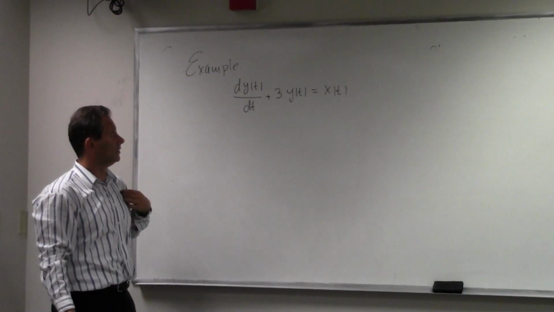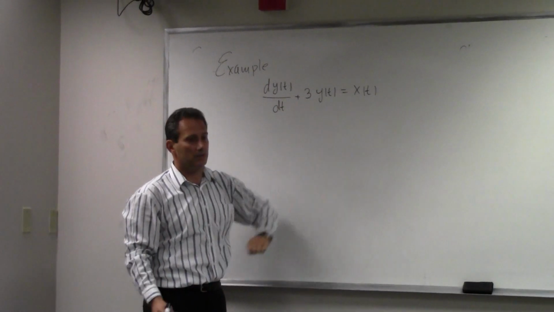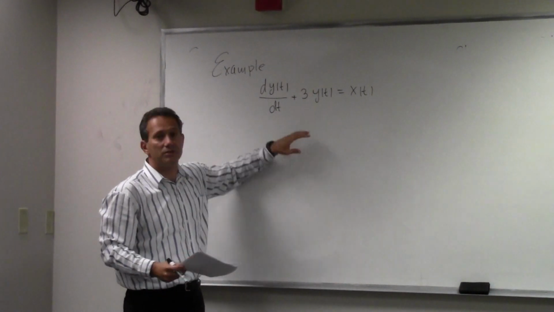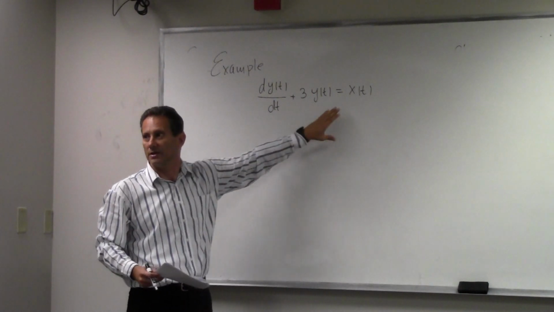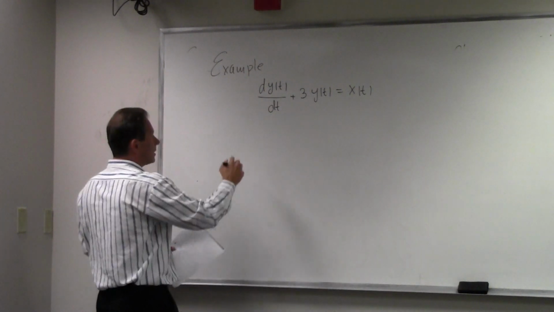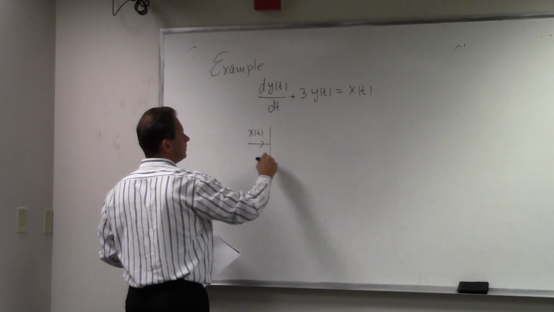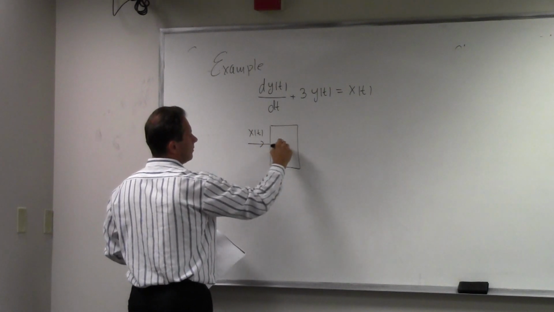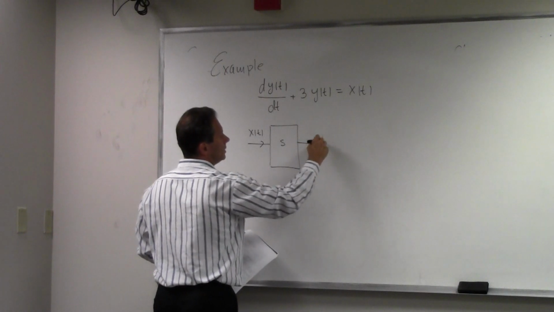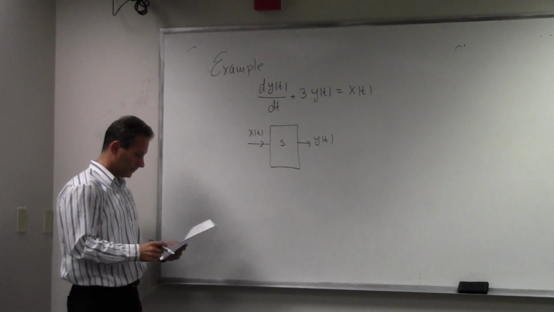So all that we have already seen. y(t) is output, x(t) is input, so this is non-homogeneous because it has an input that's different than 0. So I feed x(t) into the system, and what comes out is y(t) that's described with this differential equation.